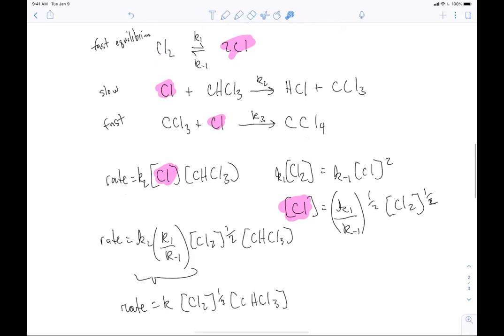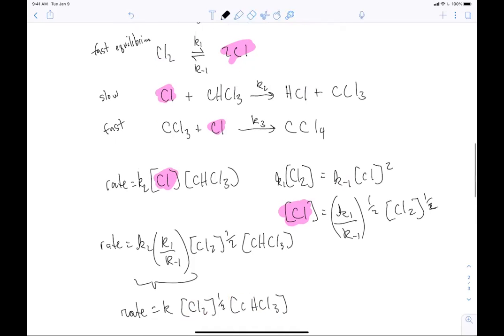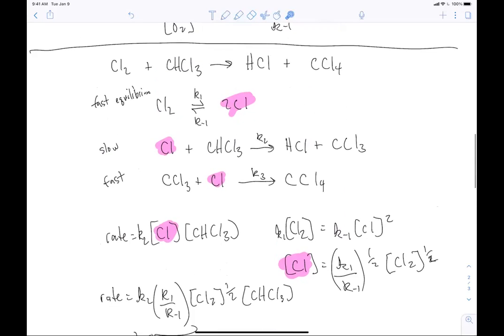Very quickly, why do we care that the rate law is written in terms of the products and the reactants? If you saw this reaction and you're a chemist, you would propose a mechanism based on your chemical intuition.